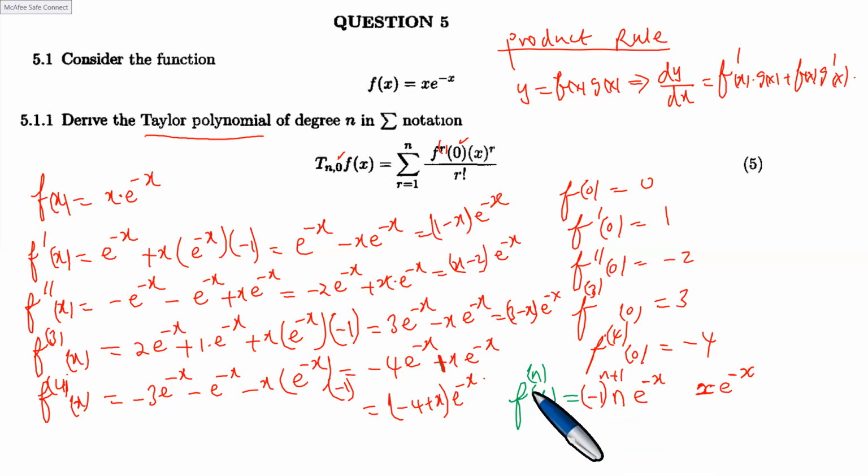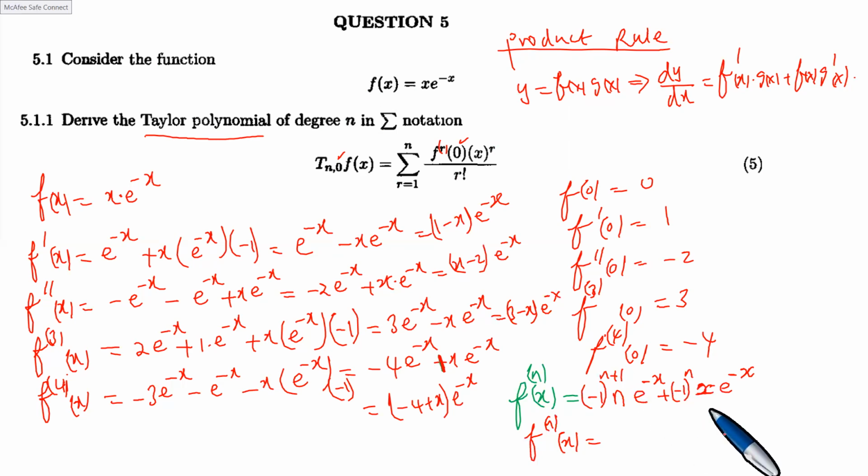And then now the x e to the minus x, but the signs alternate. If it's 1, it's negative. If it's 2, it's positive. So it means that there is minus 1 to the power n. Right, so this is what we get, but yeah, it can be written like this as well.